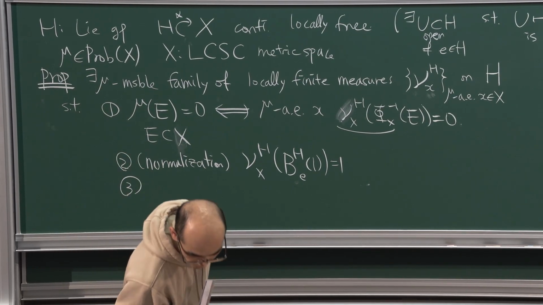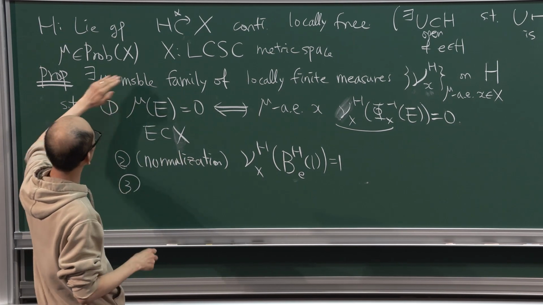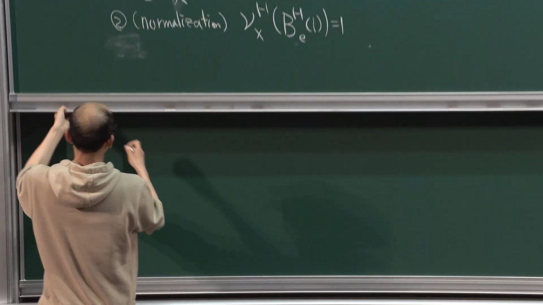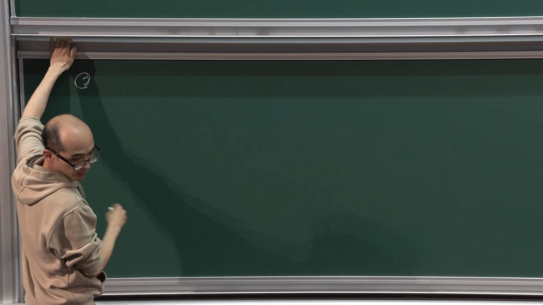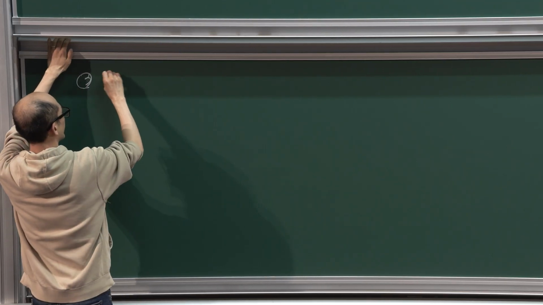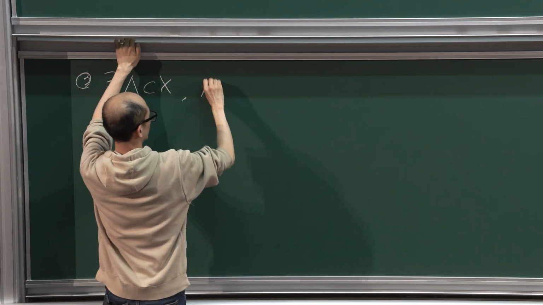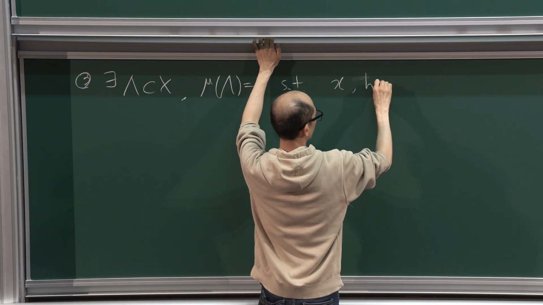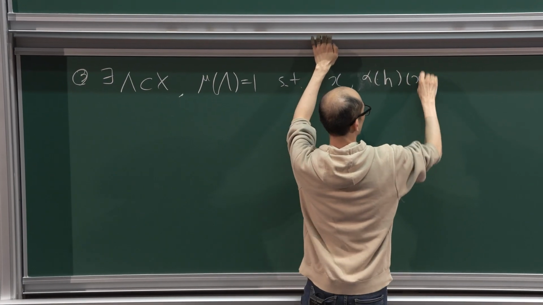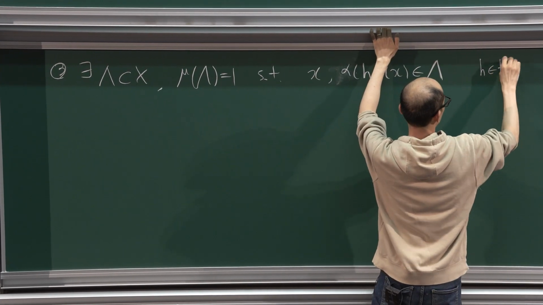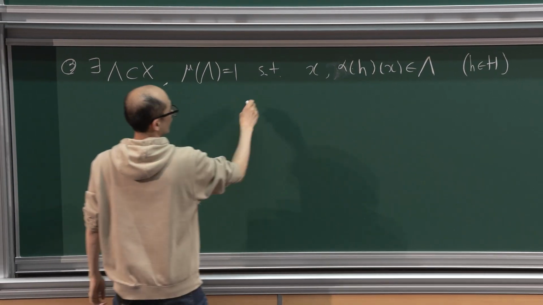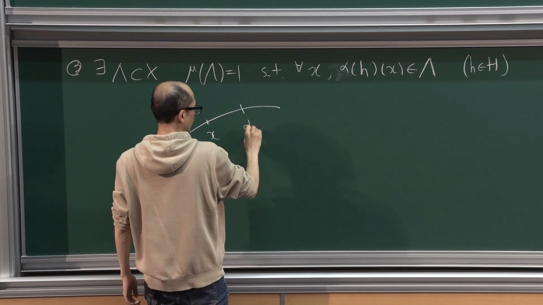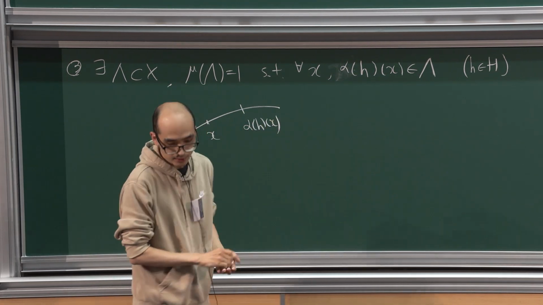And of course, what I want to do is that this sequence of measures should see the action. So third, there exists a full measure set Lambda such that if x and alpha of h of x are inside Lambda, for h in H, for every x and alpha of h on x, so now I have x here and alpha of h of x here.